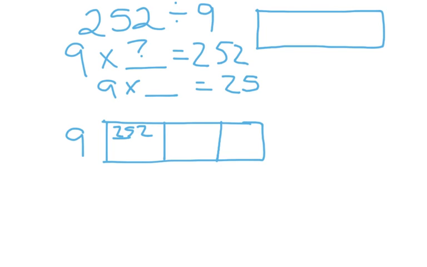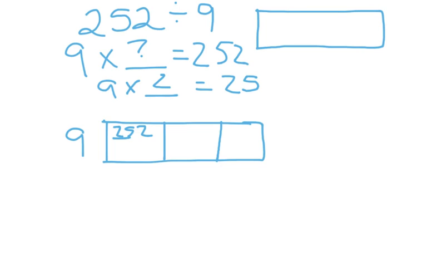Well, let's see. Now this is a basic fact. This is something that we can manage. 9 times 3 is 27. Oh, shucks. 9 times 3 is 27. That's not going to work because that's too big, right? What we want to do is try to get to 25. So the closest we can do without going over 25 is 9 times 2.